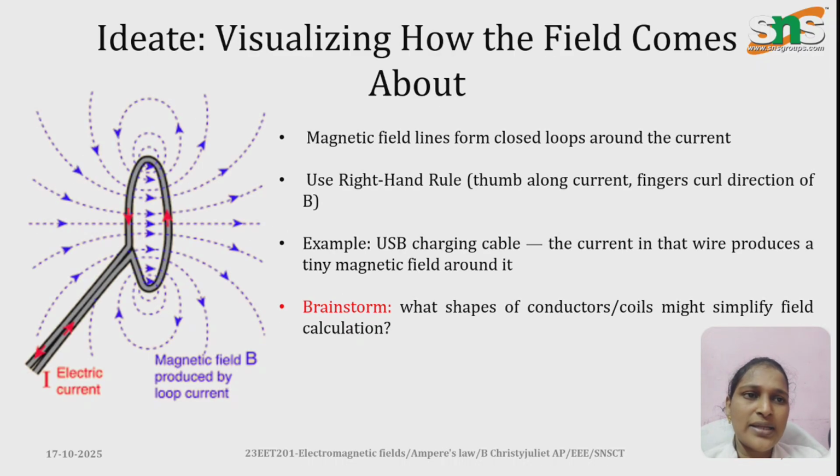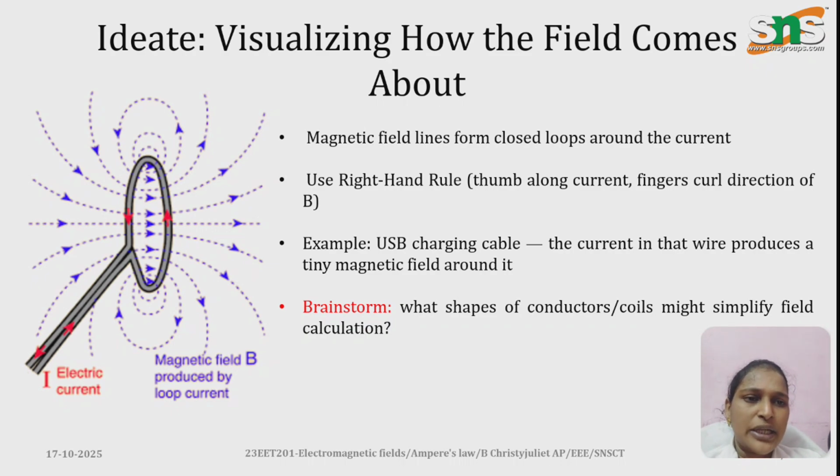Now let's visualize this field, how it comes about. For example, in a closed current loop, we use the right hand rule, wherein the thumb represents the current and the fingers curl in the direction of the magnetic flux density.